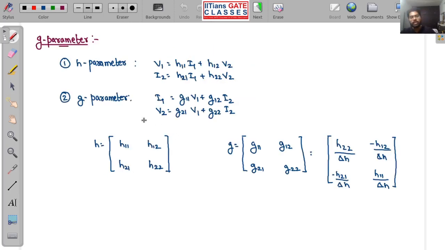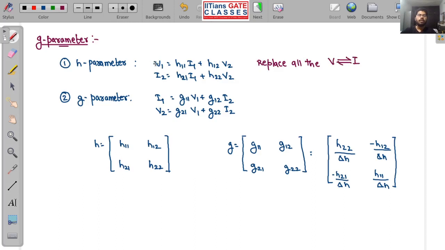Now what about g parameters? I am not going to discuss g parameter that much because it is very simple. Simply, in the h parameter, replace all the V by I and I by V and you will get your g parameters.